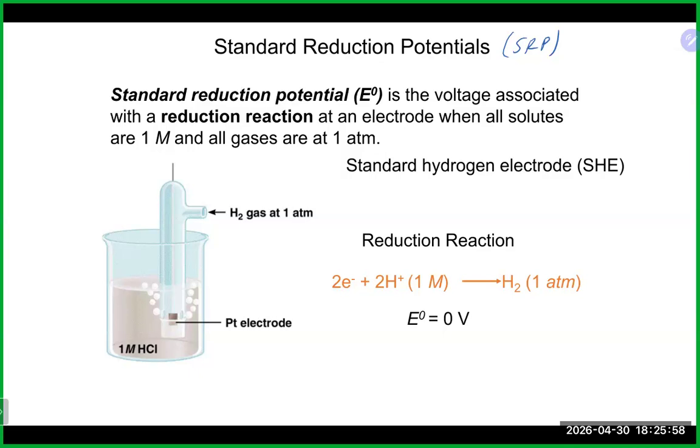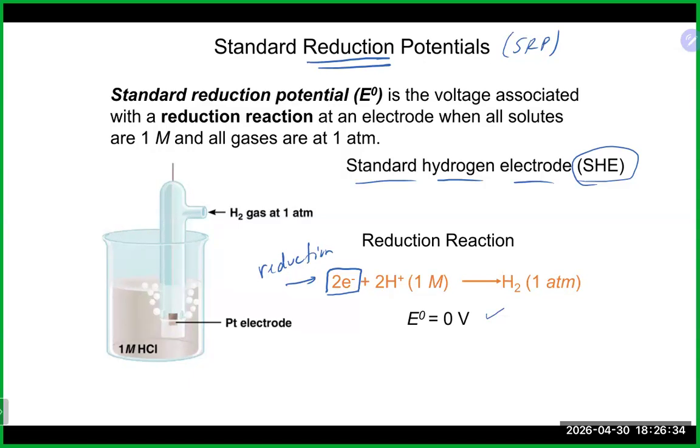This is sometimes referred to as the SHE, for standard hydrogen electrode, and they arbitrarily assigned it a value of 0 volts. They are called a standard reduction potential because when you look at these reactions, they're all written as reduction reactions. So you can see here, electrons on the reactant side. And for hydrogen, which is our standard hydrogen electrode, it has a value of 0.